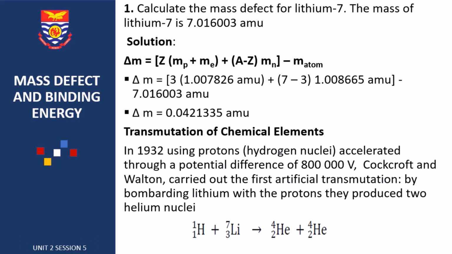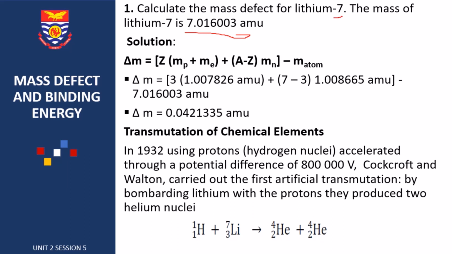The mass of the atom has been given as 7.01603 atomic mass units, and the mass number of lithium we know is 7.